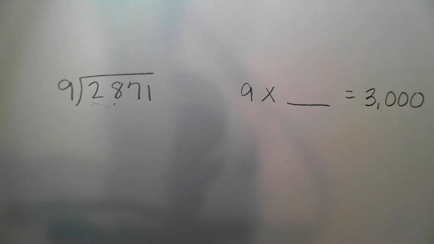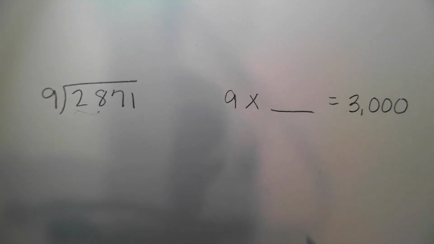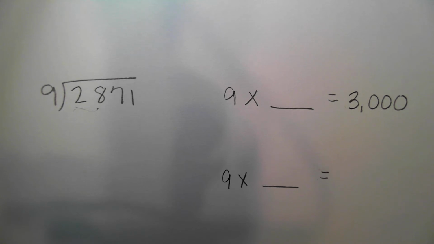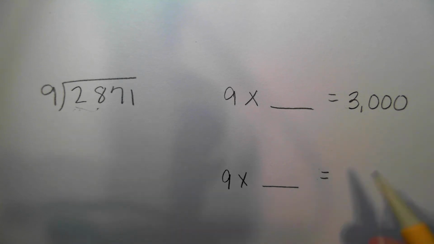I can also say maybe 9 times something smaller would give me closer to a friendly number that's part of this family. Maybe I can say 2,500.